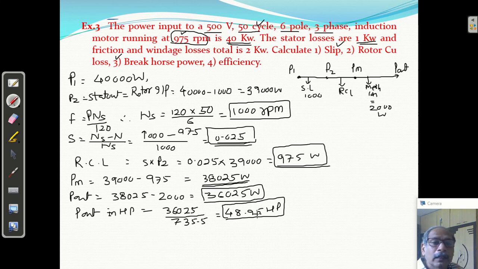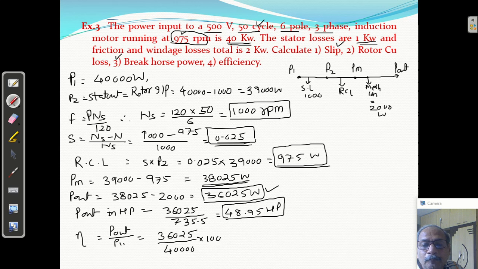And the last part, find the efficiency. Efficiency equals P out upon P1. P out is known, 36,025, upon P in, which is 40,000, into 100. So in this way you can calculate the efficiency.